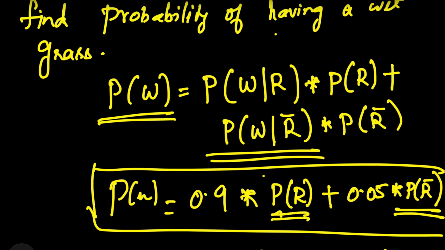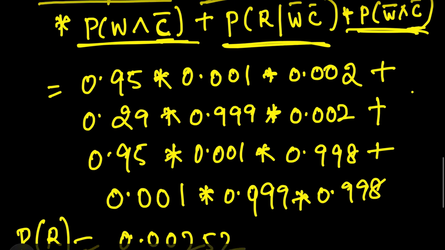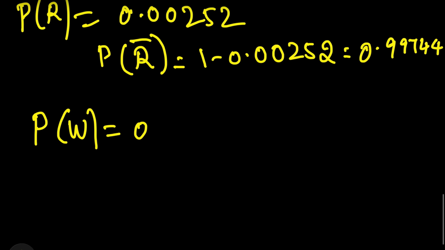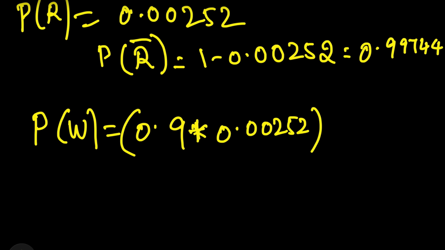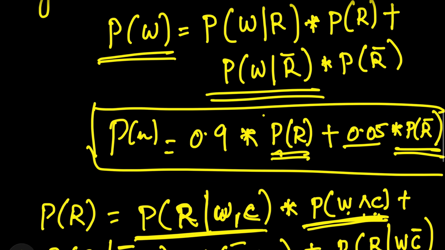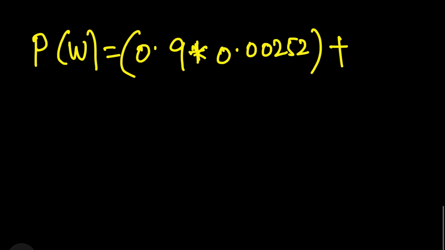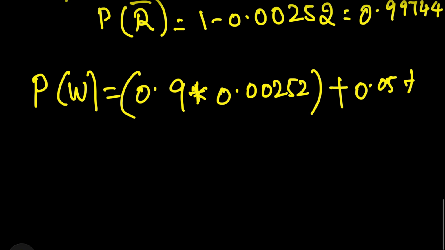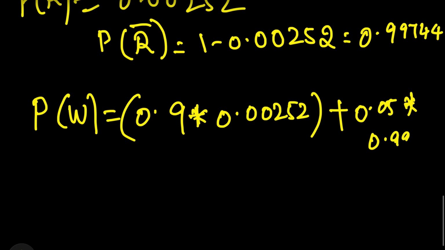This is where we have to substitute P of R and P of R dash. 0.9 into, and what is the value of P of R? 0.00252, plus here we have 0.05 into P of R dash, which is 0.99744.